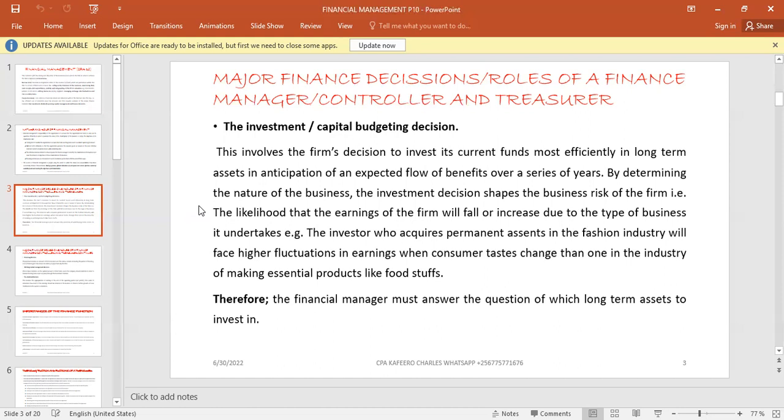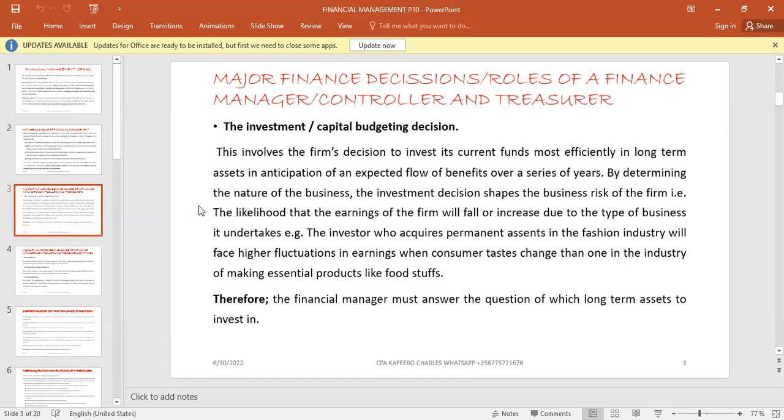But here we are saying the investment decision involves the firm's decision to invest its current funds most efficiently in long-term assets in anticipation of a flow of benefits over a series of years.